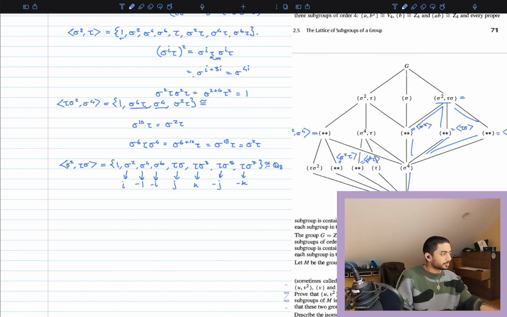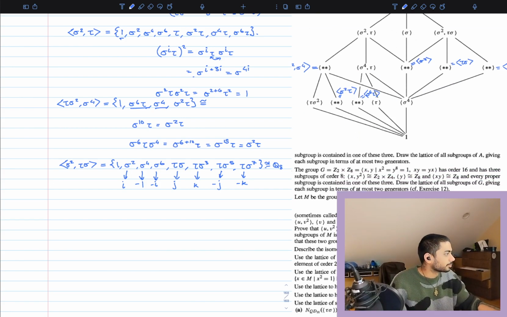Of course, the unique way in which these lattices overlap, like this line here is common to this guy's lattice and this guy's lattice, is because of the way these 3 groups are arranged together within here. So, pretty cool.